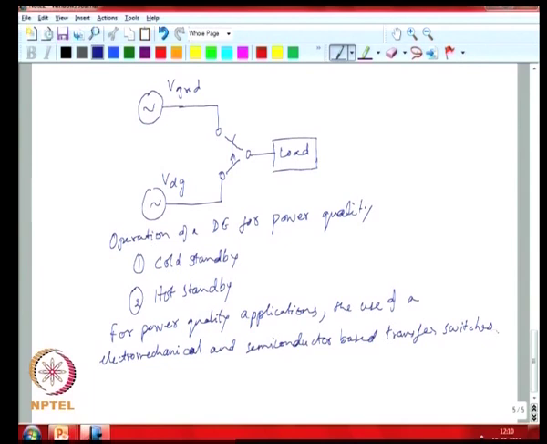use of electromechanical and semiconductor based transfer switches are commercially available solutions. Okay. So there are commercial transfer switches that are both solid state and electromechanical.